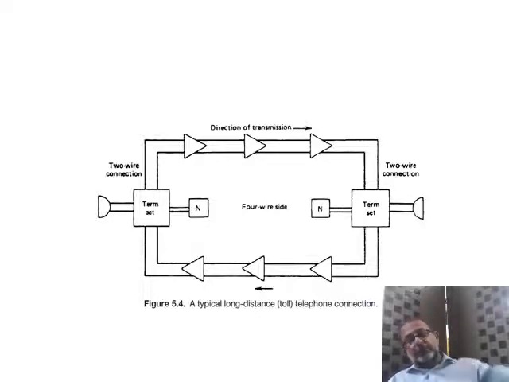Here also the two-wire connection is coming into the terminal set, and it is converted into four wires: two wires above the terminal set and two wires below the terminal set. And again we've got a balancing network shown as the block N, which is connected using one single pair.